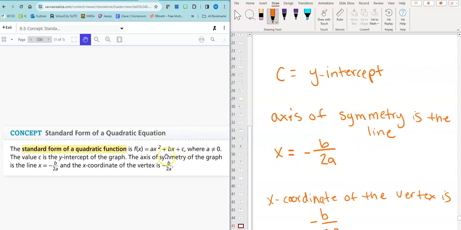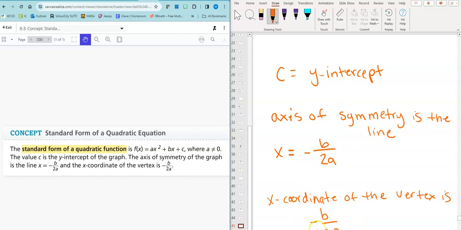So if I go back into my equation here and I take b, whatever the coefficient of x is, and I divide it by 2 times whatever the coefficient of x squared is, and I make it negative, that is where my axis of symmetry is.